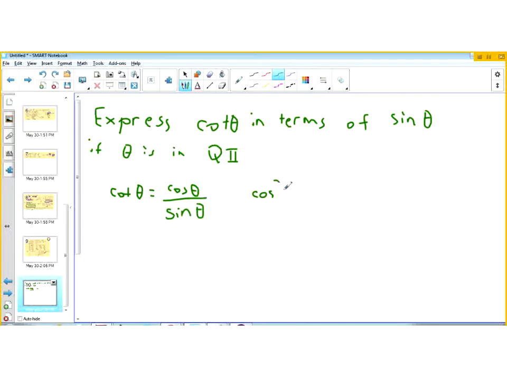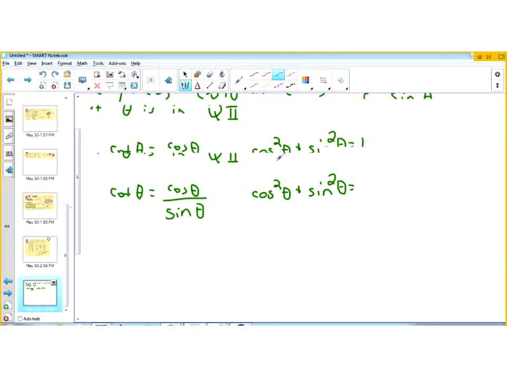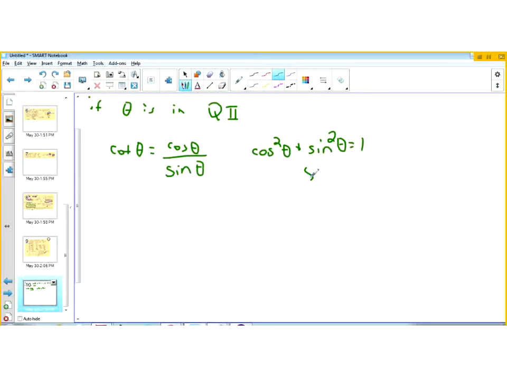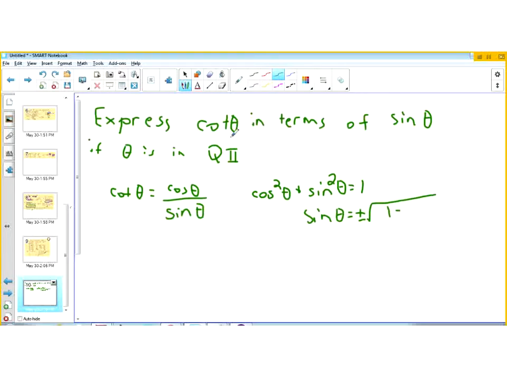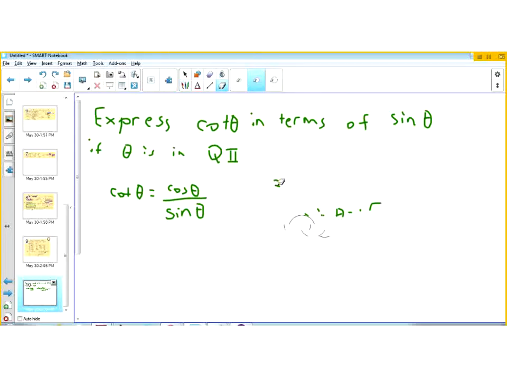Now, we know that cosine squared theta plus sine squared theta is equal to 1. So that means the sine of theta is equal to plus or minus the square root of 1 minus... No, I'm sorry. We need to express cosine theta in terms of sine theta. Sorry, wrong direction.